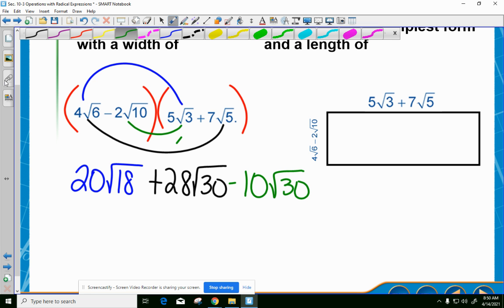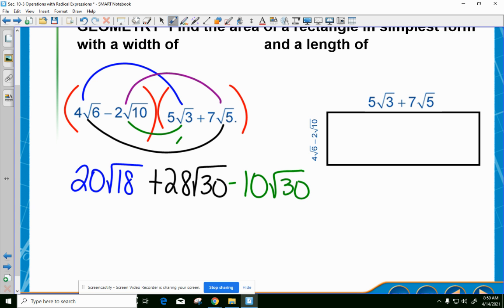And in this process, the only thing left is last. Negative 2 times 7 is negative 14. Square root of 10 times square root of 5, square root of 50.